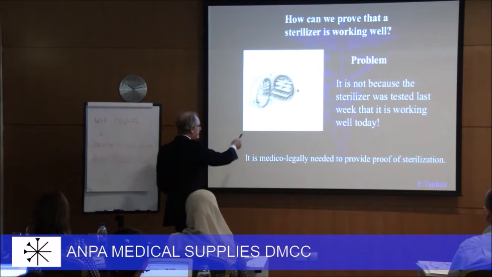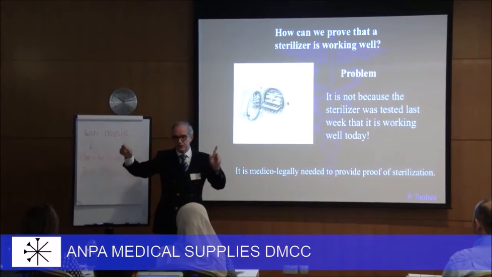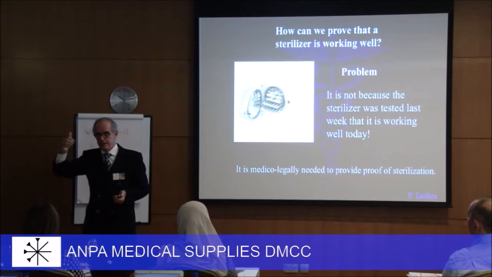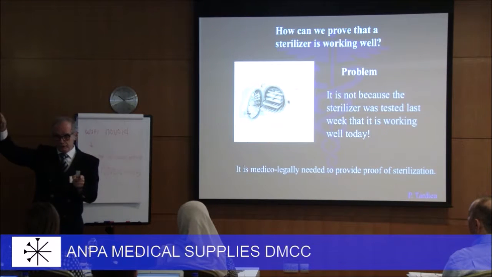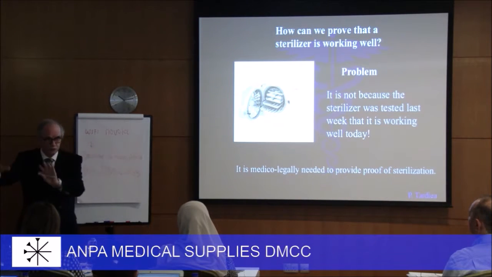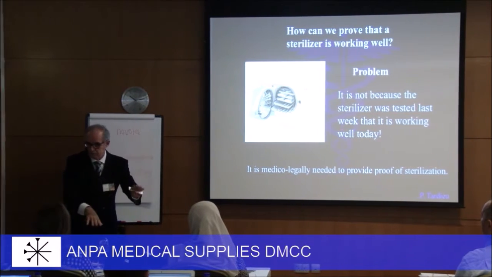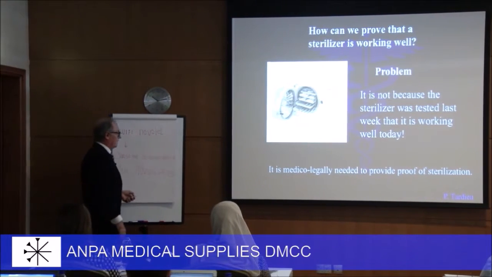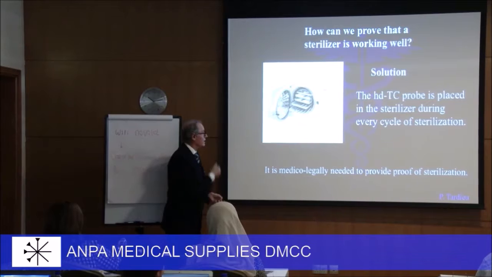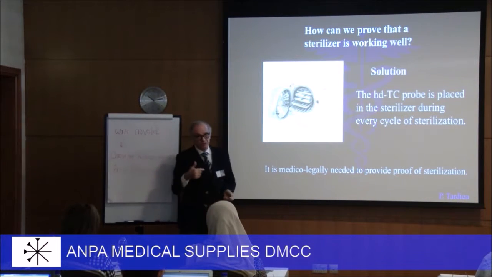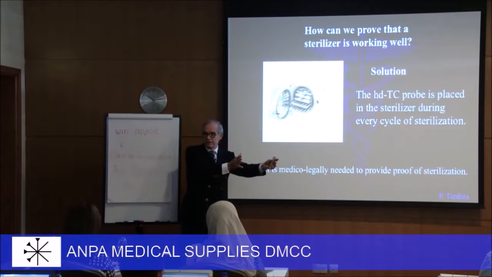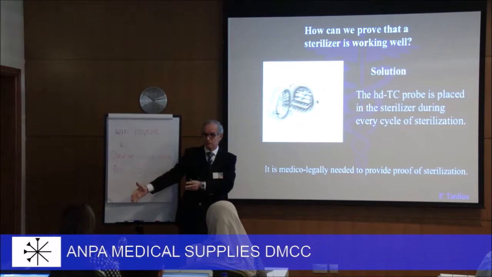You have to make a test. In most big hospitals, in the morning they make a test with the sterilizer empty, and this test shows what you've been doing, and it is kept as proof in a journal. Which is interesting. But if it's working in the morning, does it mean that it's working in the afternoon?